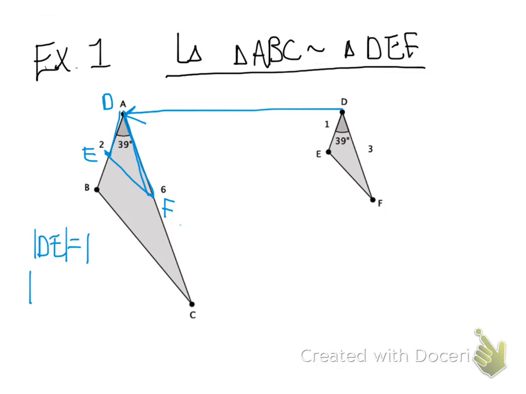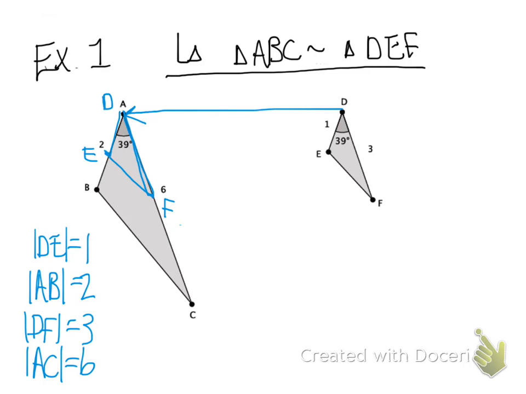Length AB is equal to 2. And length DF is equal to 3. And AC is equal to 6. So those are all lengths we're going to need.